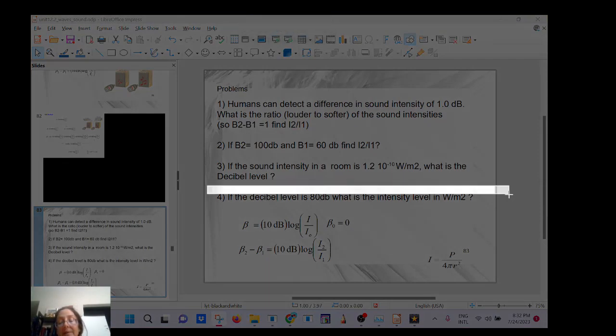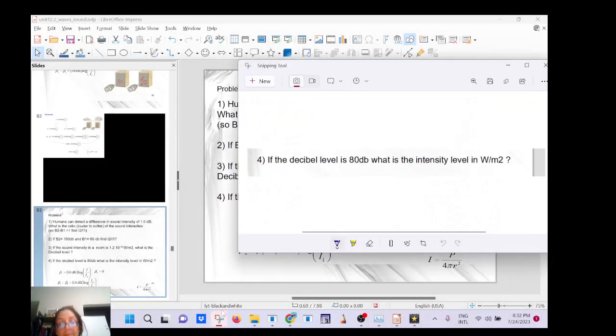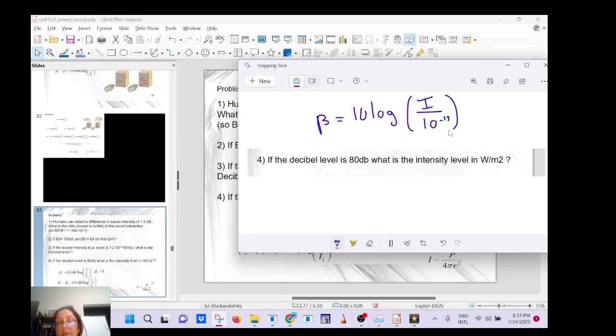So 80 decibel, you just use the equation. So 10 log, and then, what do we have? You compare that to the threshold of hearing. So 10 to the negative 12, that's going to equal 80, right? So divide by 10 both sides. That means log I over 10 to the negative 12 is 8.